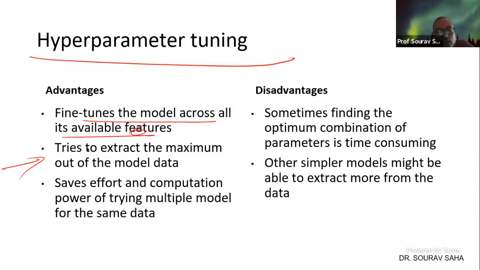So rather than trying multiple different machine learning models and probably not having any optimal model, try to optimize the hyperparameters. If you optimize the hyperparameters, then across one or two simple base models only, you will get the best performance.